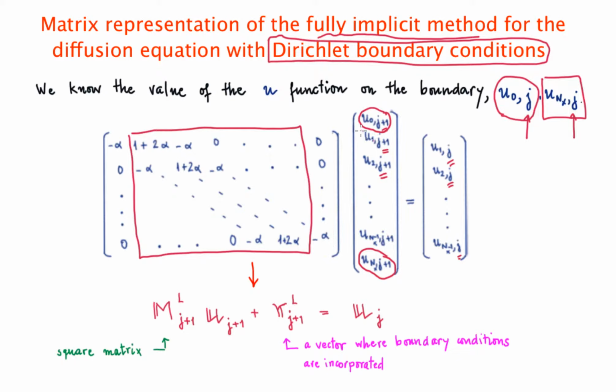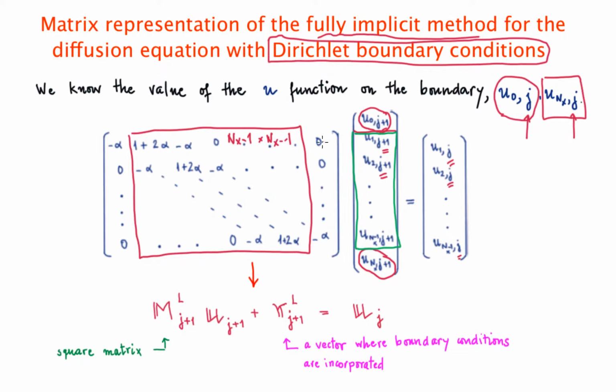So we center on a vector which corresponds to the unknown components of the u function. The matrix multiplying the unknown components of the u function is this square matrix, with dimensions nx minus 1 times nx minus 1.